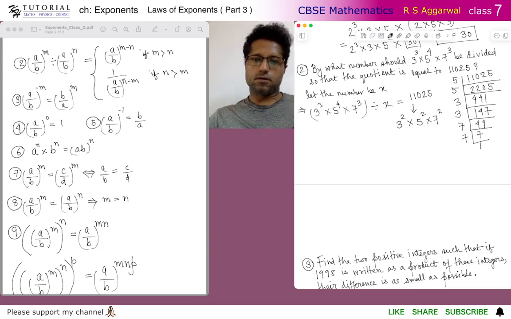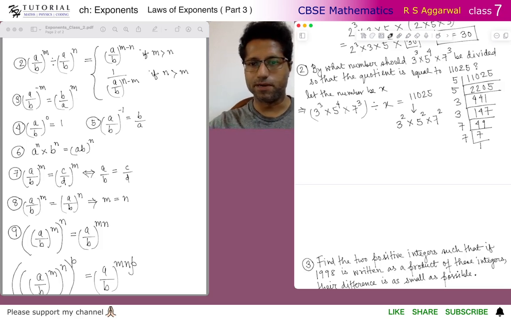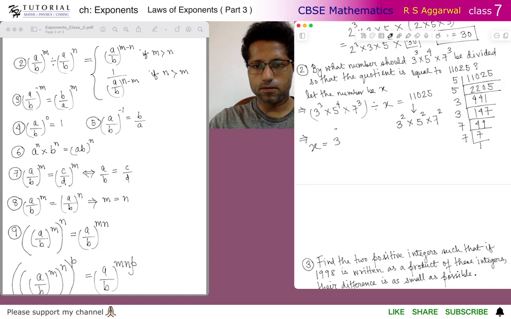So now in this problem, we can see that x will be 3 cube into 5 to the power 4 into 7 to the power 3 divided by 3 square multiplied by 5 square multiplied by 7 square.